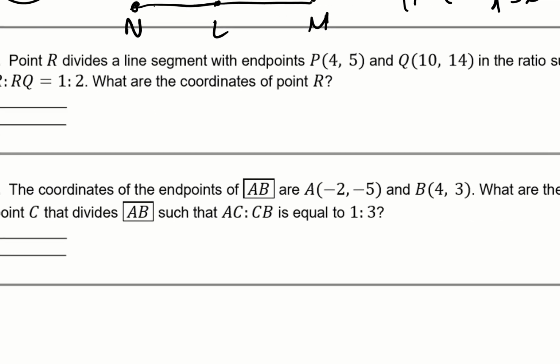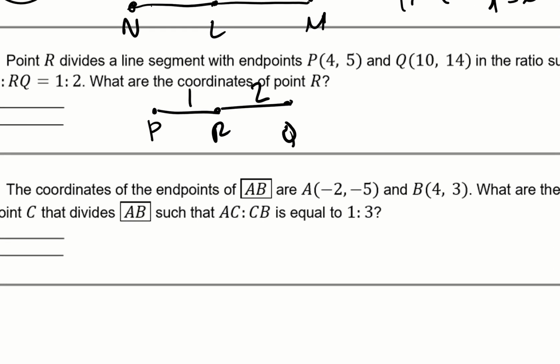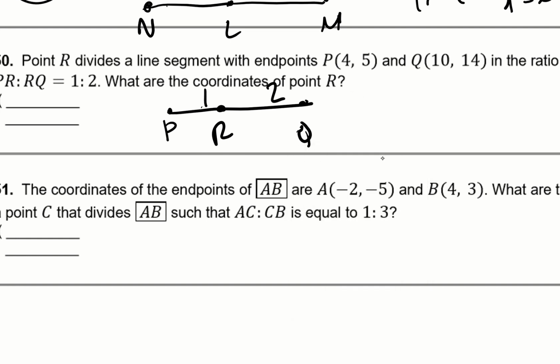Okay, so if the ratio from P to R and R to Q is a 1:2 ratio, that means, and let me draw this a little bit more accurately here, that the distance from P to R is smaller than the distance from R to Q. In fact, the distance from R to Q is twice as large as the distance from P to R. So that means the distance from P to R is 1/3 of the distance of the entire line segment.